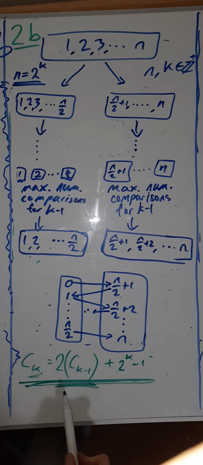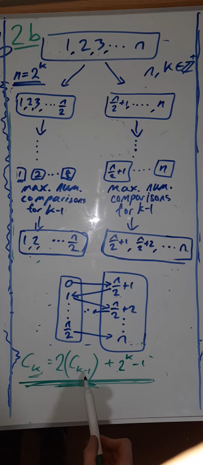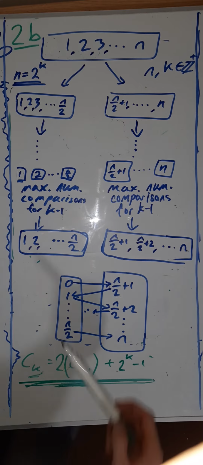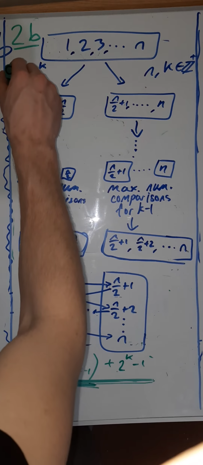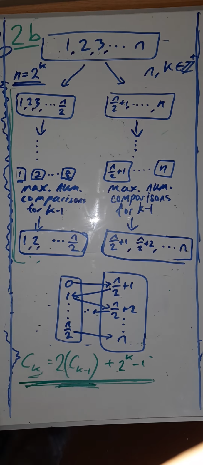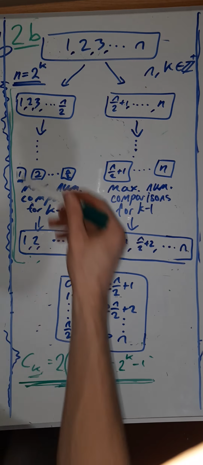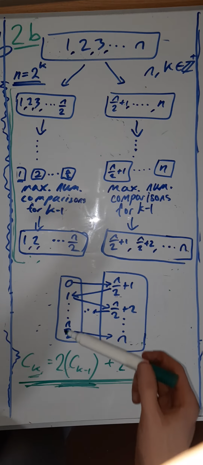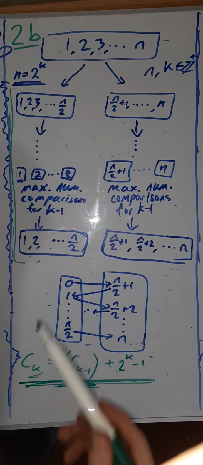So the first part of the expression to explain is this 2 times C of k minus 1, and that comes about because this portion here is just a merge sort of k minus 1.